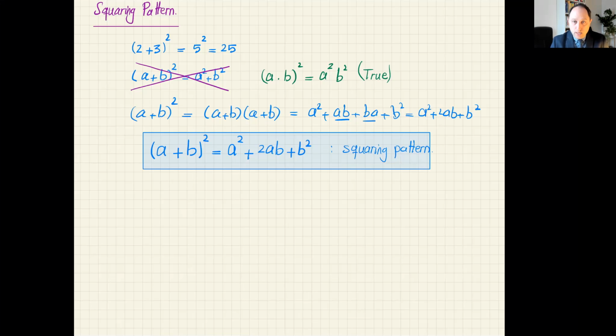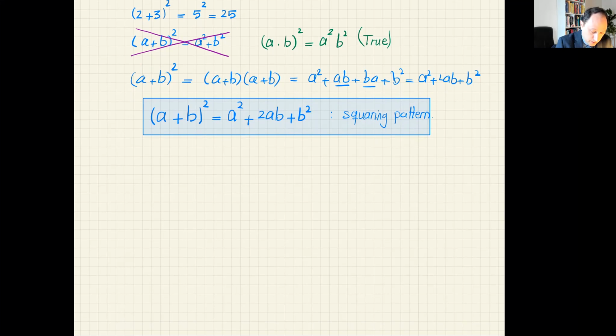So when I emphasize the words use a squaring pattern to expand the following expressions, you have to use the squaring pattern. If you use multiplication, you will get the correct answer, but that is not acceptable for that particular question, because in the question it is mentioned that you have to use a squaring pattern.